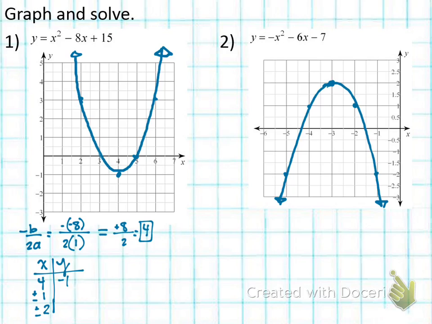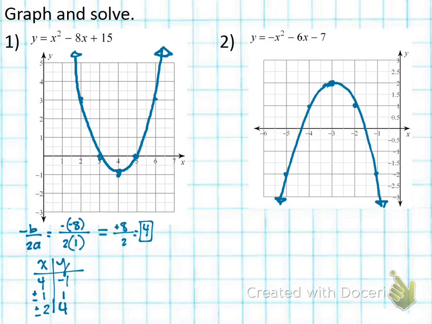So I'm going to put a 1 down here. That means if I go left or right 1, I'm going to go up 1, okay? So from my vertex, left 1, up 1, there should be a point here. Is there a point there? Y'all see that? Yeah? Right 1, up 1. Y'all see that? Okay, I need you to get this, okay? Then I'm going to put 2 in. 2 squared is 4.